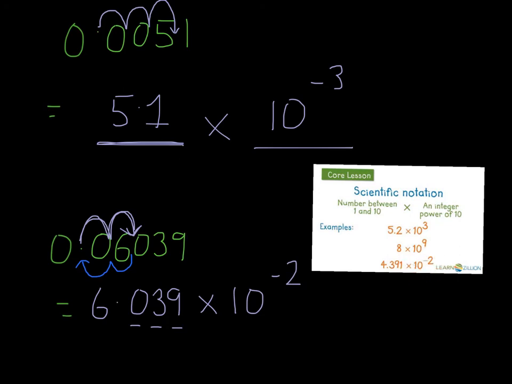The key is to use your powers of 10 strategy, and looking at the power will indicate the number of times you need to move the decimal point to convert from scientific notation to standard form, and vice versa when you are moving from standard form back into scientific notation.